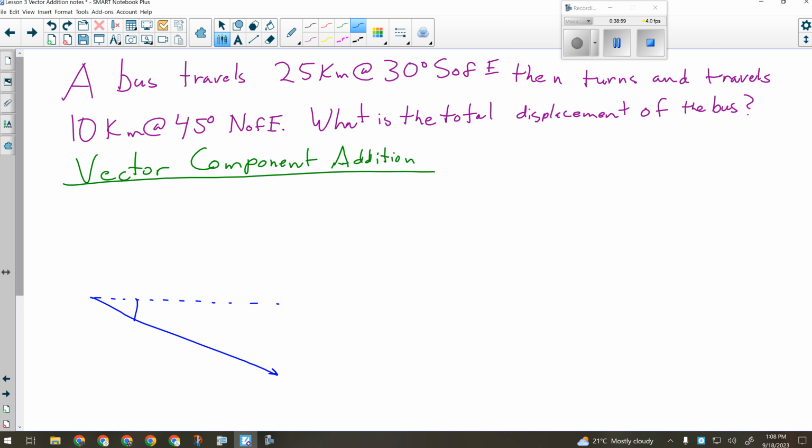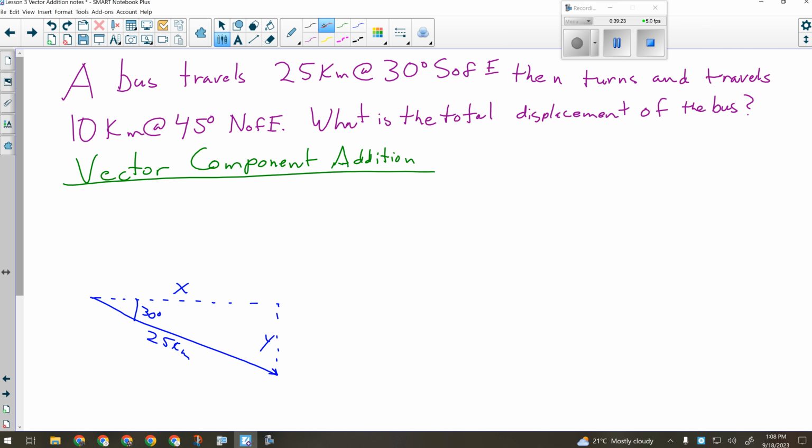Okay, so this is going to be 25 kilometers at 30 degrees south of east. That is going to have an x component and a y component. Okay, so they work just like your xy plots that you would have done in math. Okay? X is the horizontal axis and y is the vertical axis.